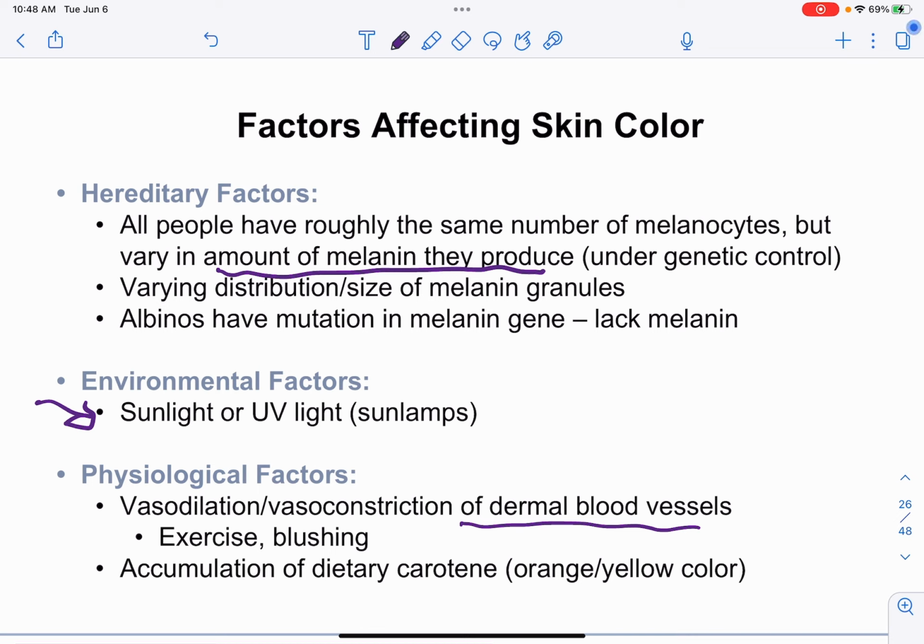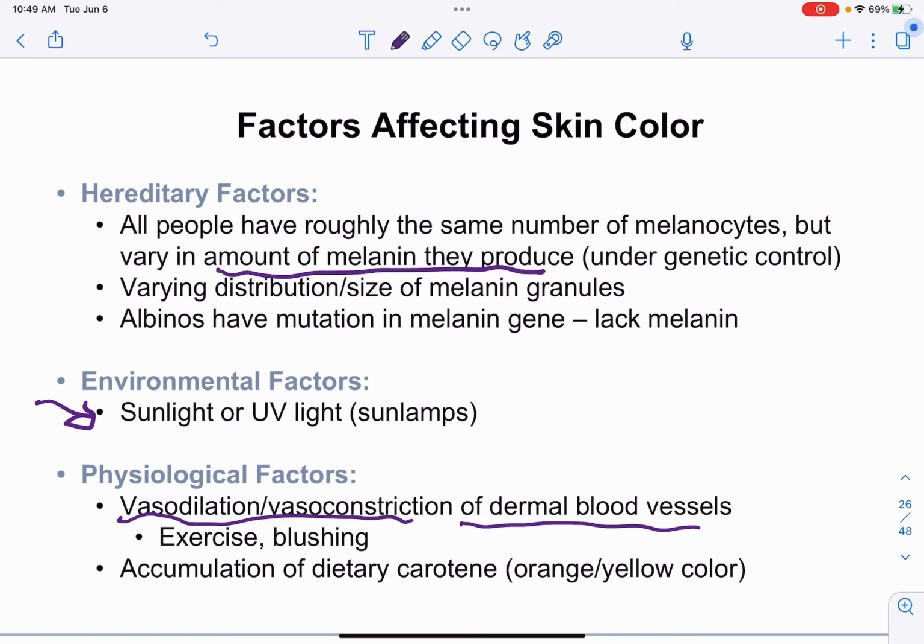When we blush, if there's an embarrassing moment and you feel embarrassed, your skin will blush. There's also the reverse. If you're frightened, the saying, you get white with fright. So you're having vasoconstriction, and your skin takes on more of a whiter appearance.